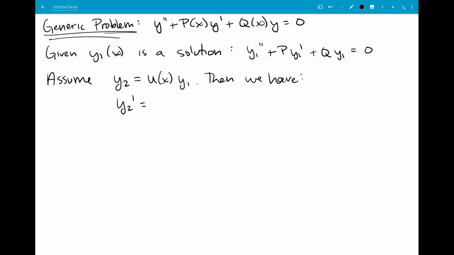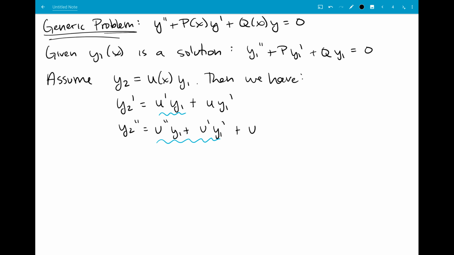So y2 prime, I'm just going to use the product rule real quick. It's u prime times y1 plus u times y1 prime. And y2 double prime is just two product rules. So I'll have u double prime y1 plus u prime y1 prime from that first one.